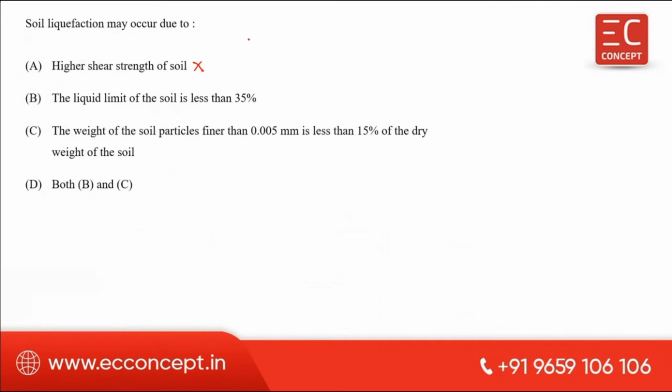Then weight of the soil particle finer than 0.005 mm is less than 15% of the dry weight of the soil. Option D, both B and C. So the answer for this question is, high shear strength of the soil is not correct. If the shear strength is high, then the liquefaction does not happen. Okay, but answer for this question is D.